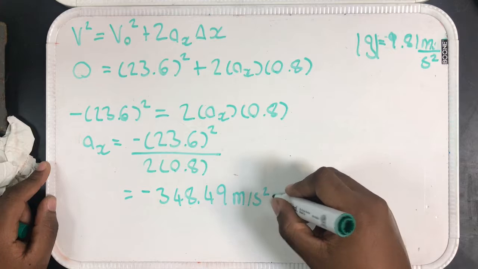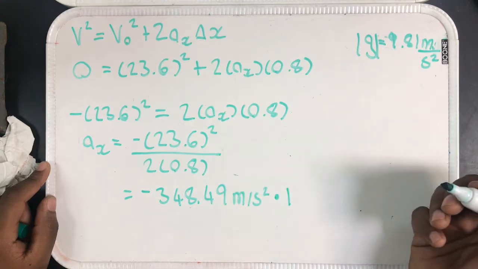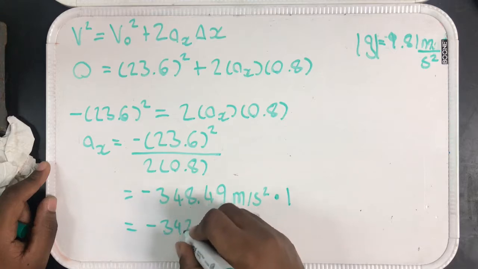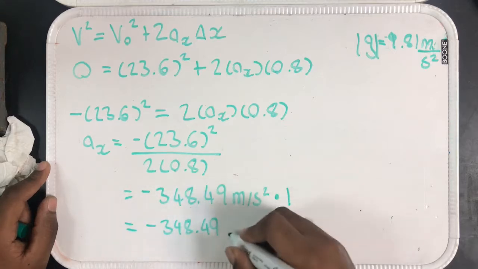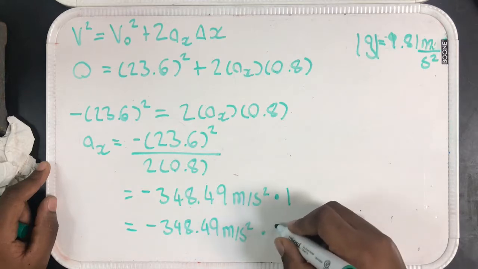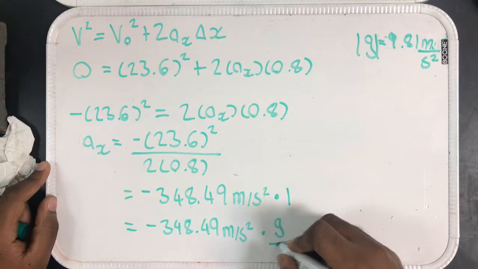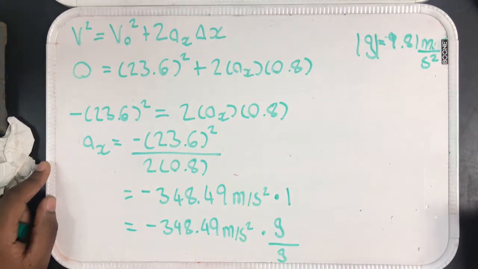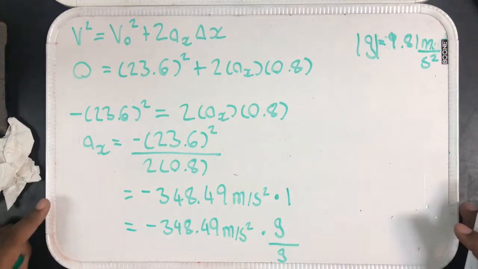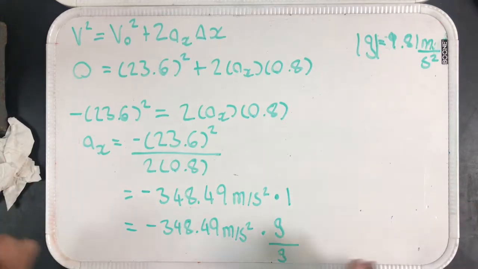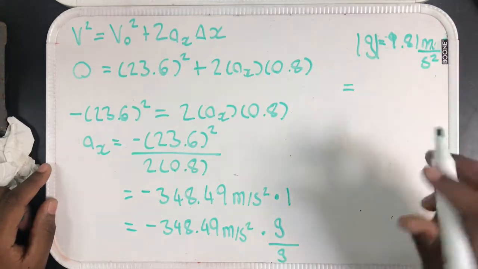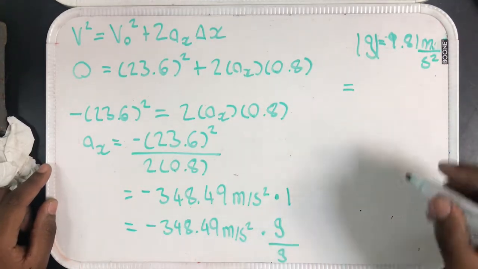So what I'm going to do is multiply by 1, okay? So that's minus 348.49 meters per second squared times G over G. Because G over G, I'm treating that as a variable. G over G is now just 1. I haven't done anything new, okay? And I want G to be the unit in the numerator.